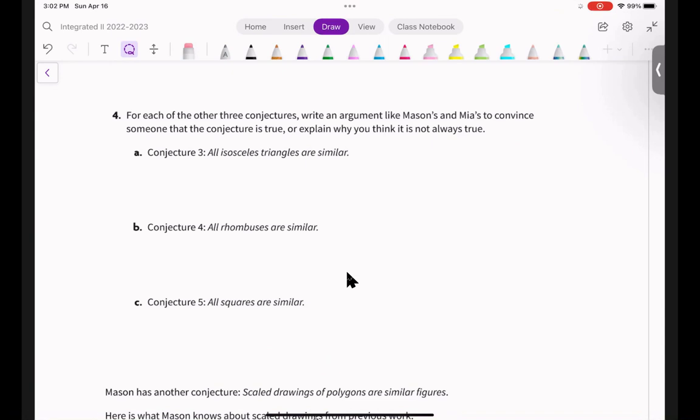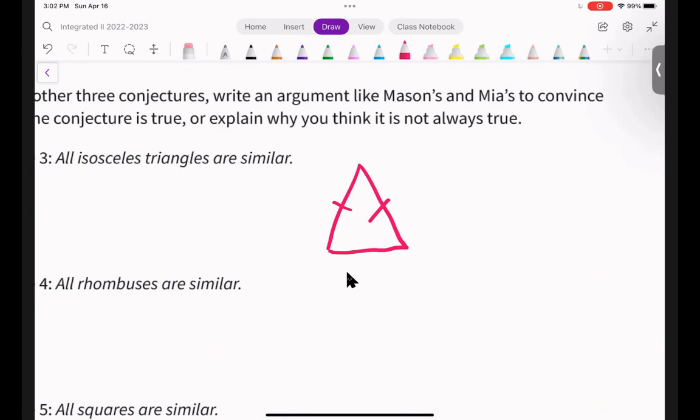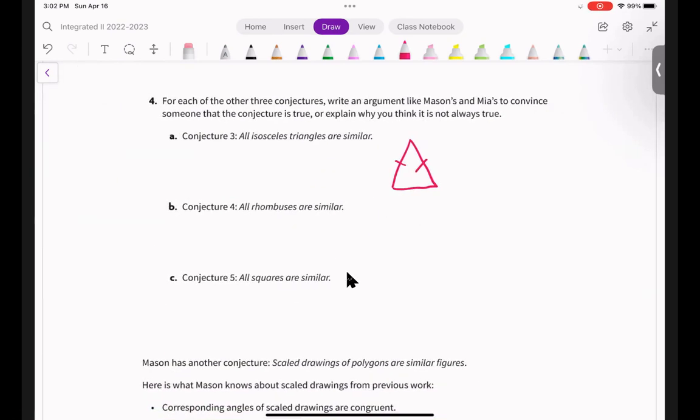Basically, if I drew you an isosceles triangle and maybe someone draws this one that looks like this, and I drew another isosceles triangle, would they have to be similar? Would I be able to zoom in, rotate, translate that until we got it? And so some of you are thinking, do all isosceles triangles look like this?